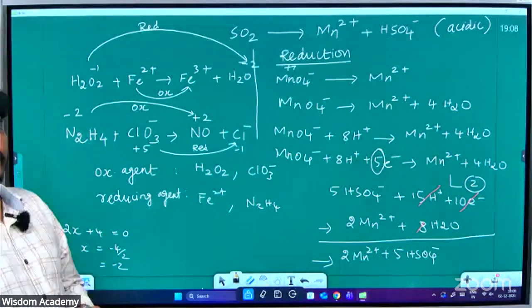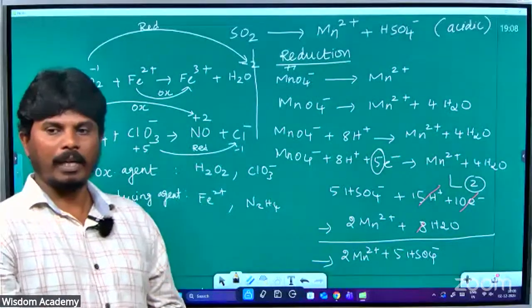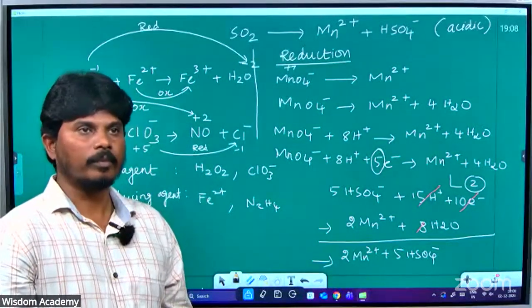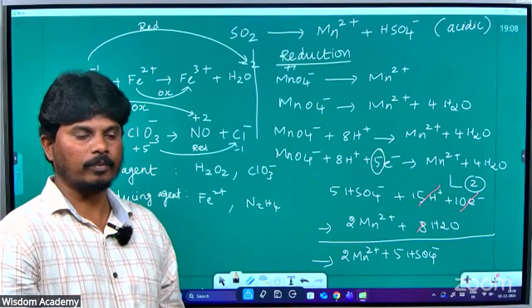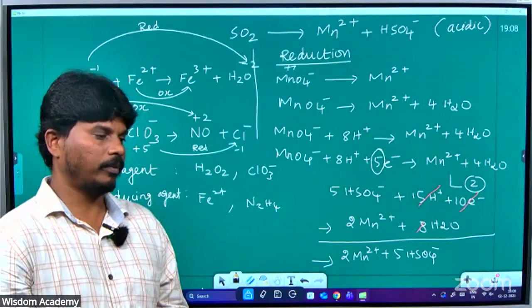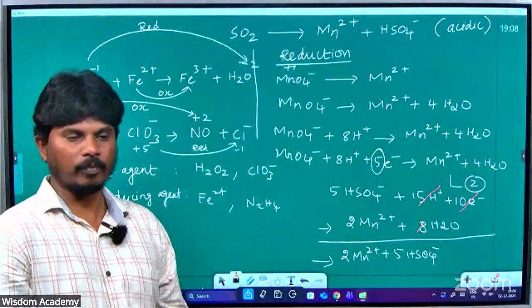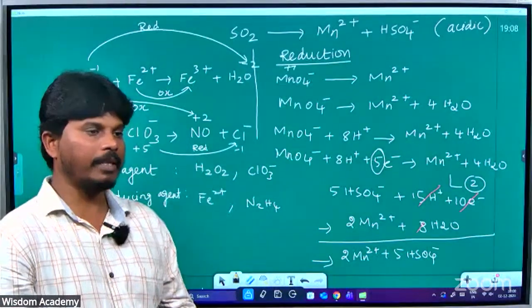So now we have completed balancing by the oxidation number method as well as the ion-electron method. So next, the final topic is applications. Some applications of redox reactions.